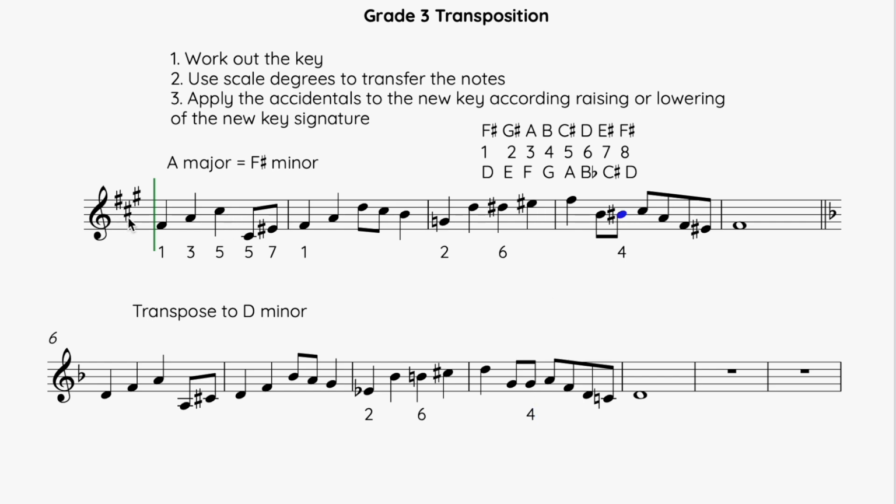It was a B natural in the key signature over here. So that was raised a semitone to become a B sharp. I'm going to have to raise this G. It's a G natural in the key signature. Therefore, to raise it a semitone, it'll become a sharp. Now, the last one that I need to do, here we've got the E sharp. And then I need to make that the C sharp as well.